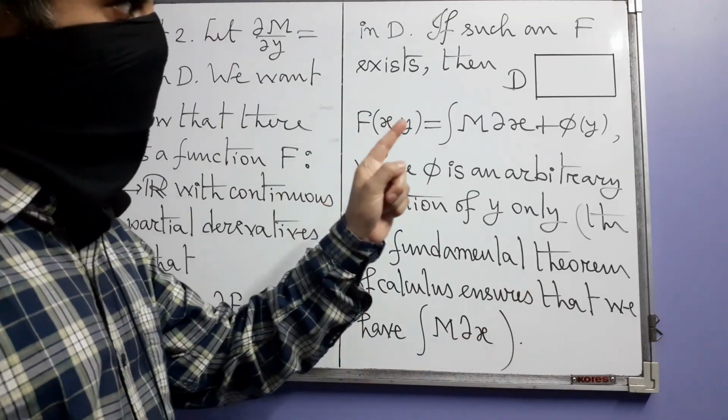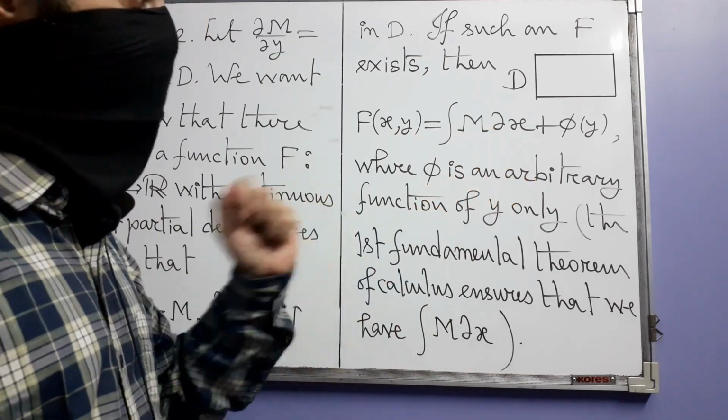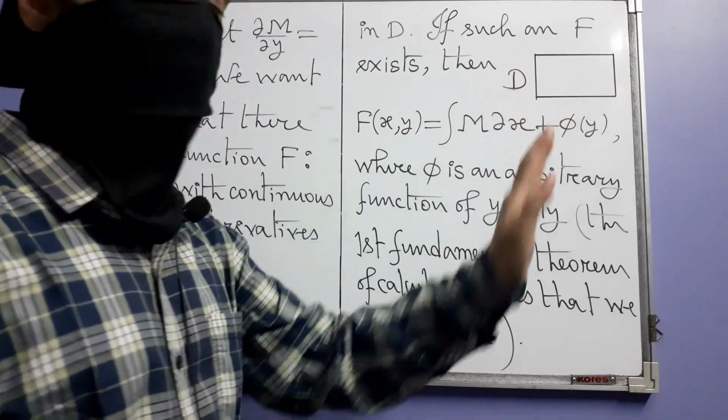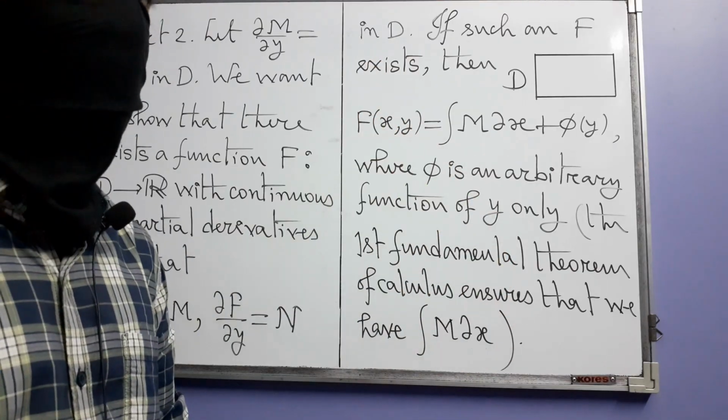So, as a domain, it is still connected, you can of course see, and open, which means that these boundary points are not there, it's the interior of that rectangular region.